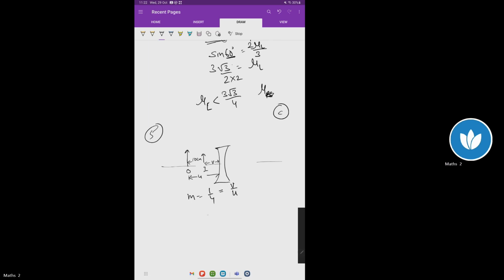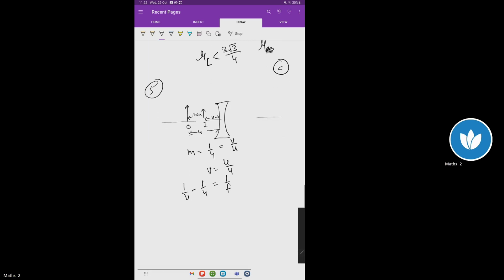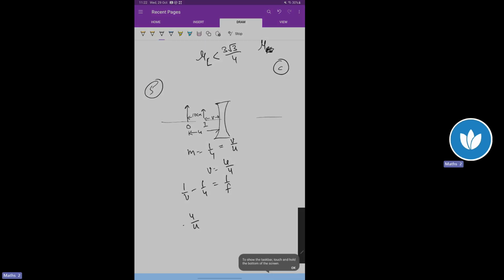So v is u by 4 and 1 by v minus 1 by u is equal to 1 by f. Both are in the same direction. So v is u by 4. Okay, this is u minus v.